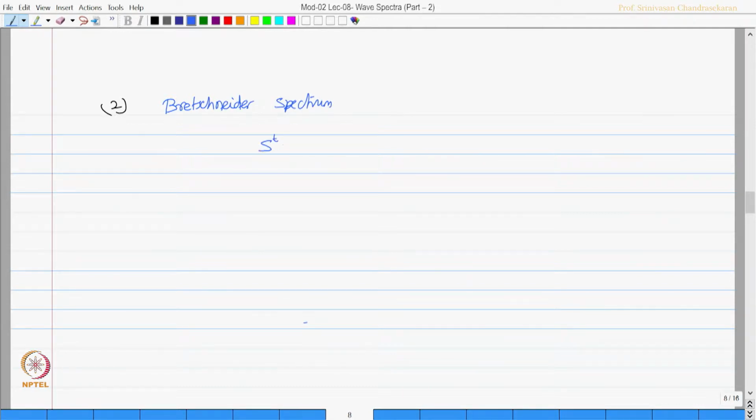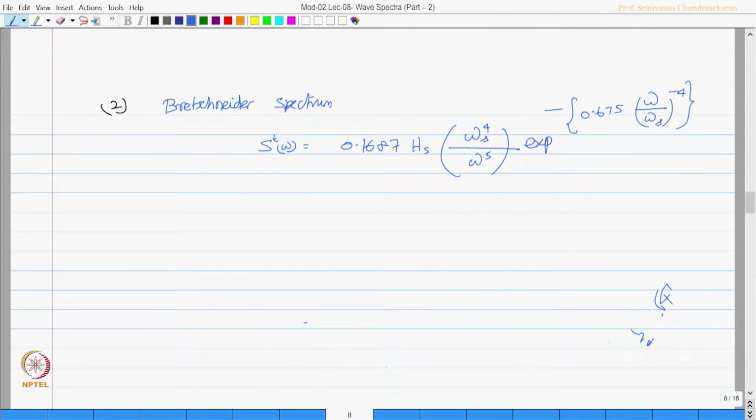It says the spectral density is given by 0.1687 Hs, omega s by omega phi to the power 4, exponential minus 0.675, omega by omega phi omega s raised to the power minus 4, where omega s is significant wave frequency.